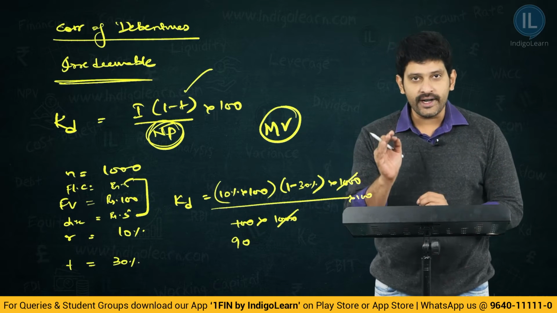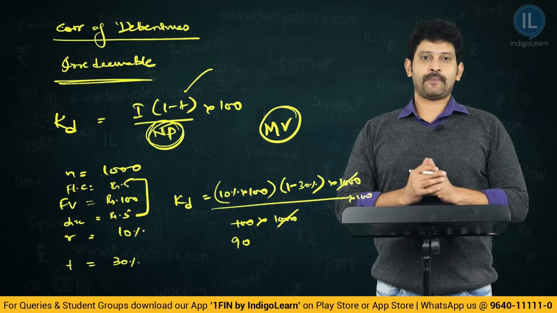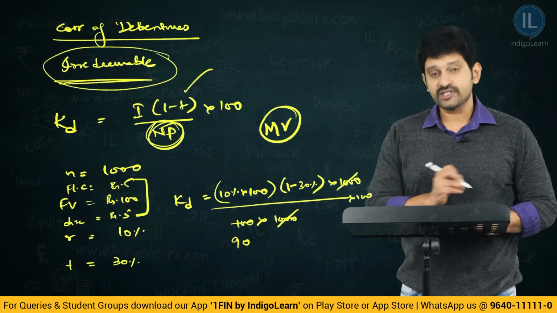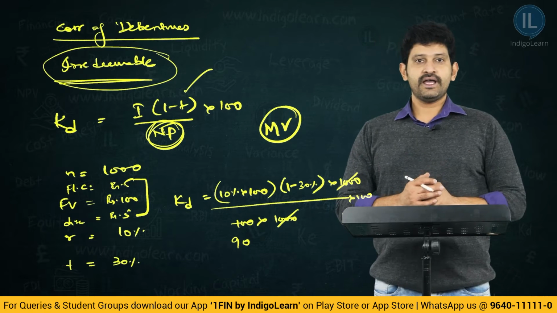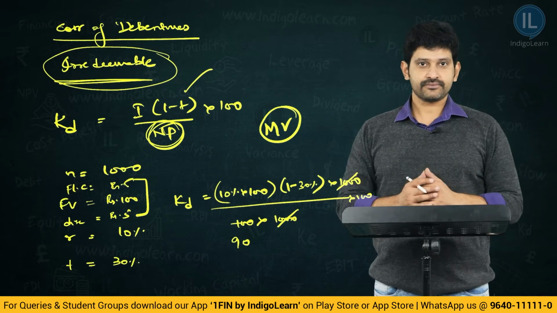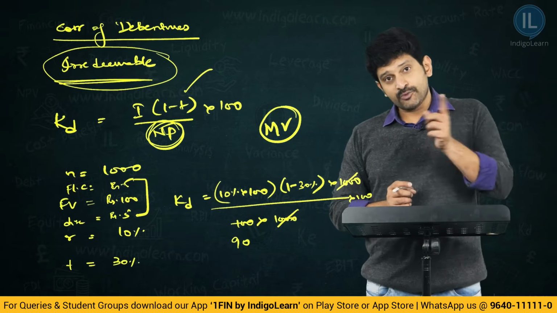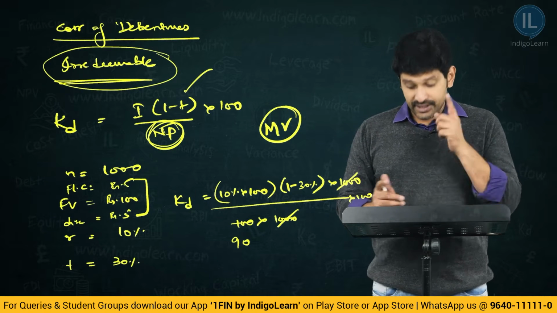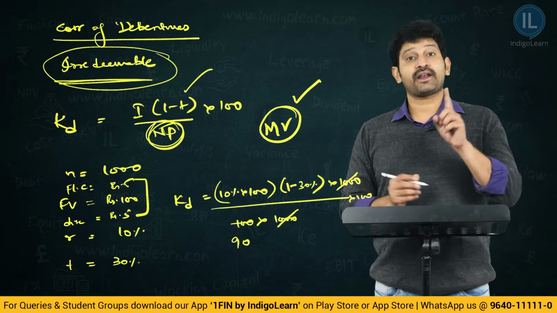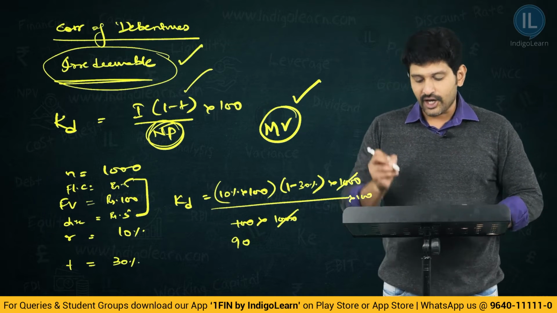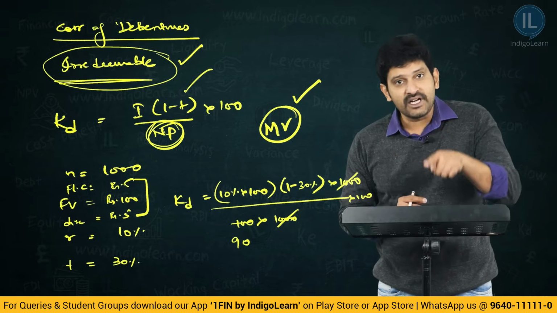This is the golden point you are supposed to remember. Why, sir? Because whenever you are computing the cost for irredeemable, if market value is provided, you are anyway not repaying the principal. Therefore, the cost has to be computed not just on the face value, but on what is floating in the market. Therefore, prefer the market value. I repeat, prefer the market value for computation of cost of irredeemable debentures.